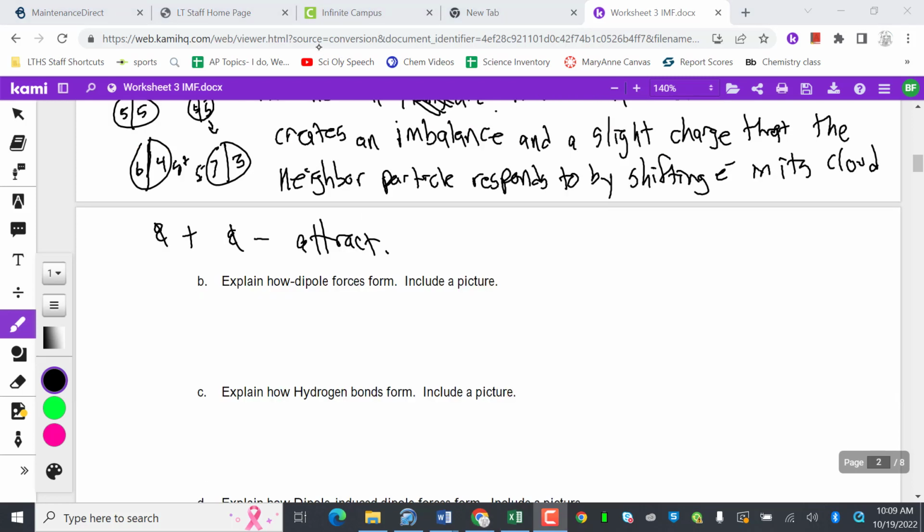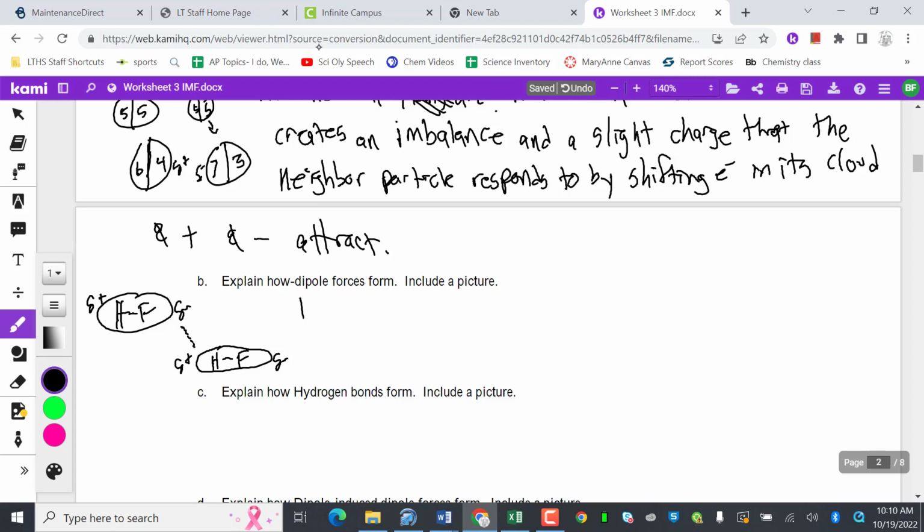All right, I had my quick pause. Now I'm back. So if I have HF, which in our picture above we saw was delta positive and delta negative, and I have another HF, which is a delta positive and a delta negative, and I'm including a picture, okay?